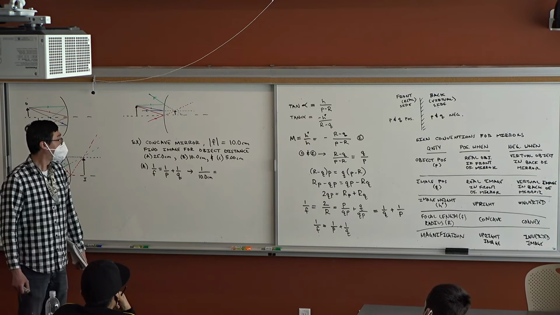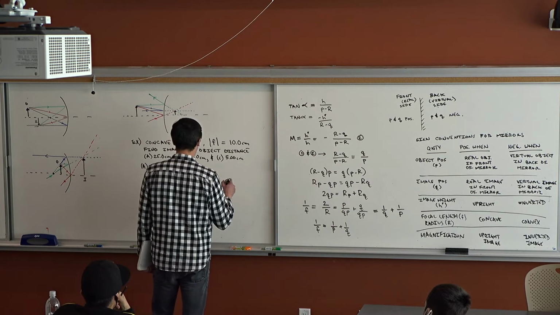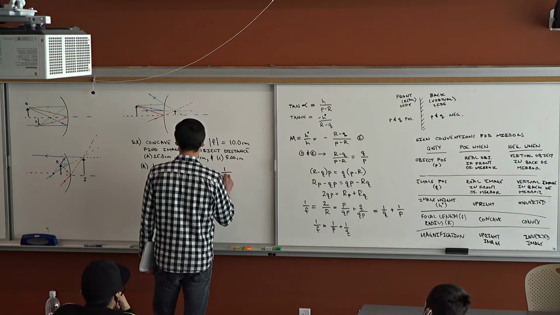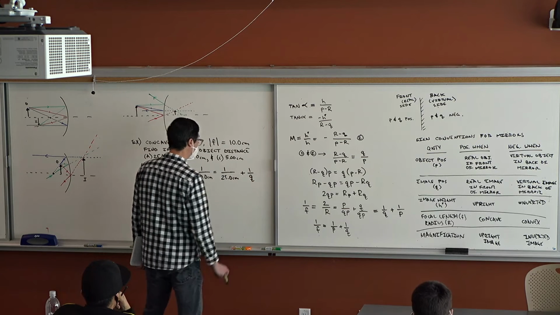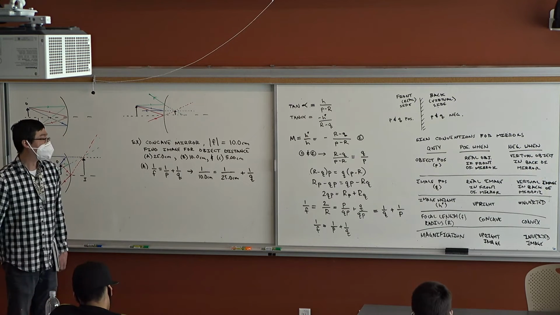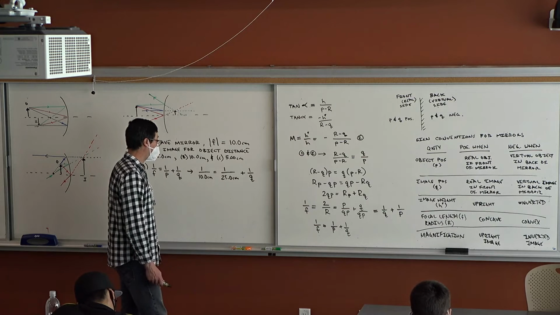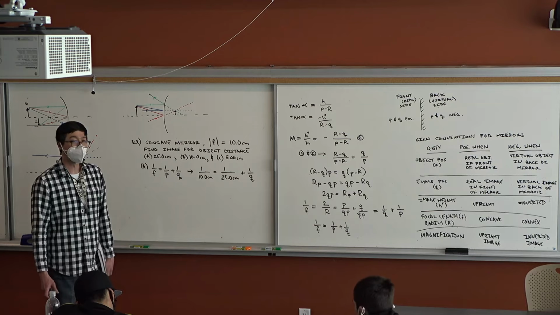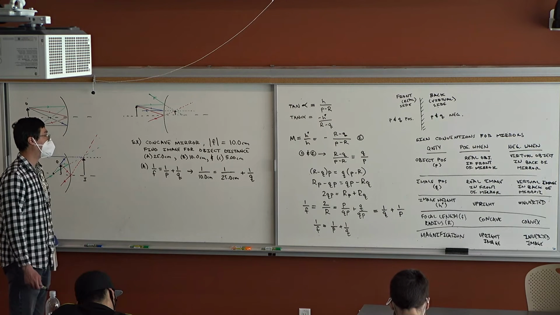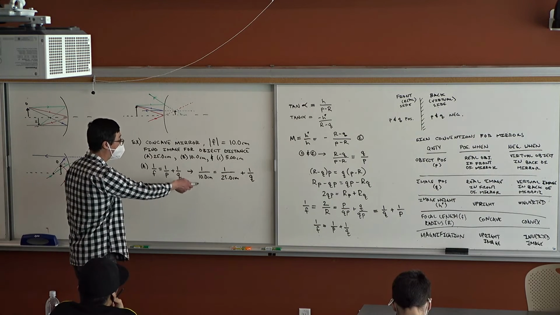What else? 1 over P is 1 over 25. P is what, Q is what, I already forgot. P is object, right? So in terms of fives, I guess I could even do this by multiplying top and bottom by 2.5.